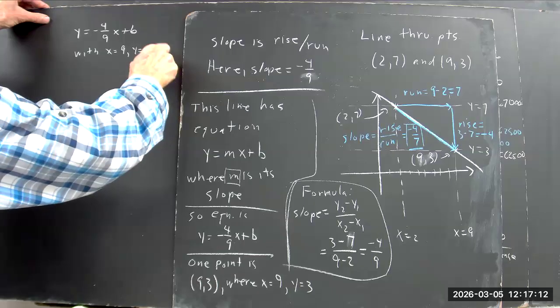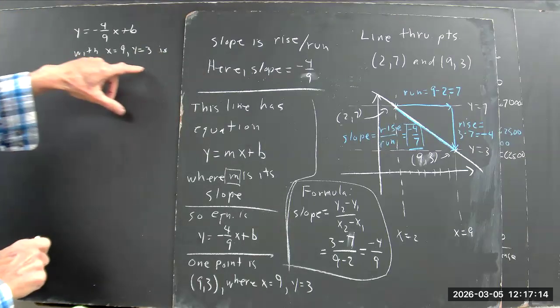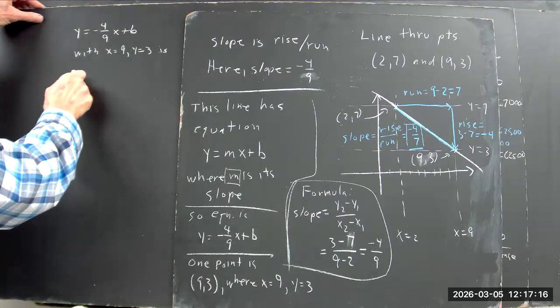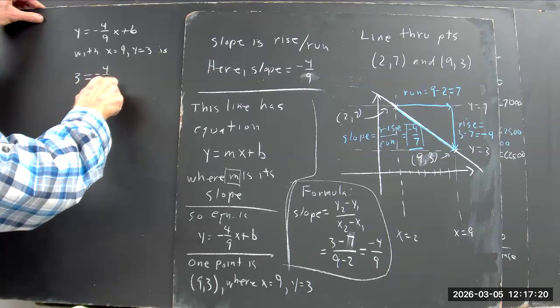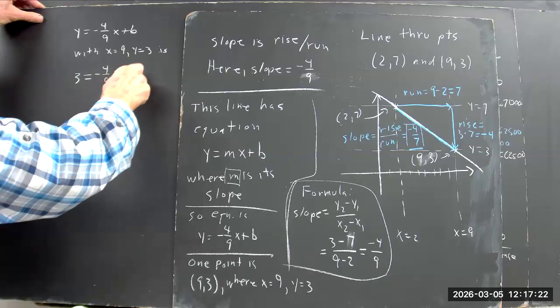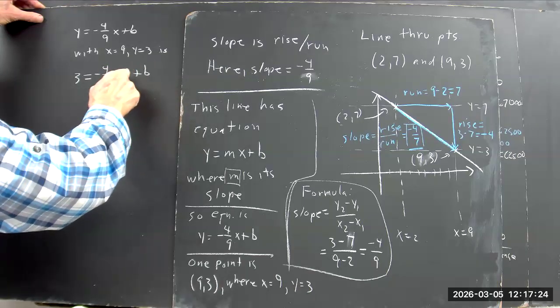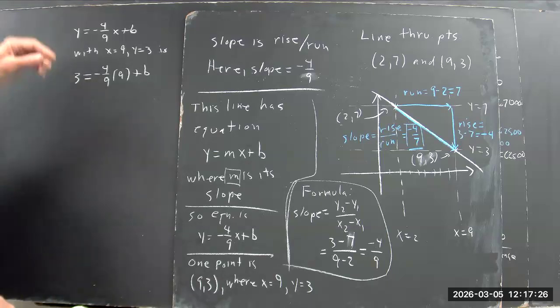What we're saying here is with x equals 9, y equals 3, this equation becomes 3 equals negative 4/9 of 9 plus b.